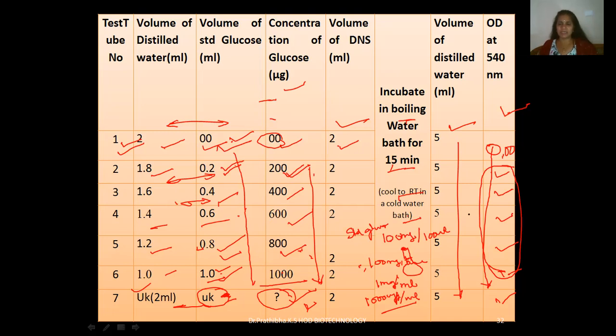Once the standard curve is ready, on the standard curve, a straight line, you are going to plot this unknown. And by using the standard curve, we can find out how much glucose is present in the unknown sample.